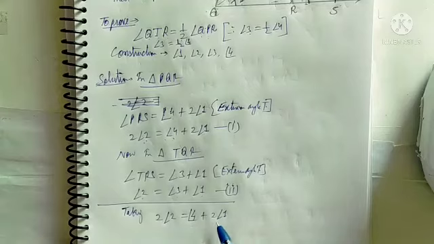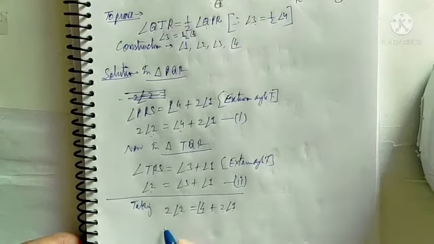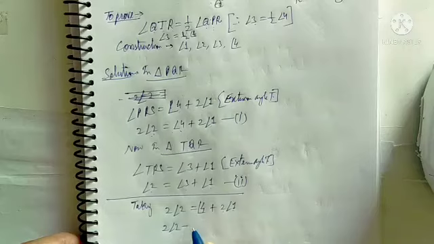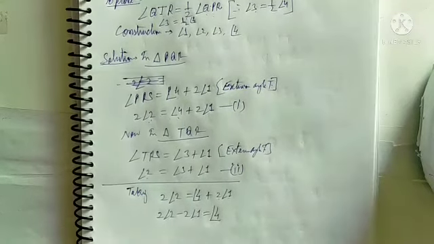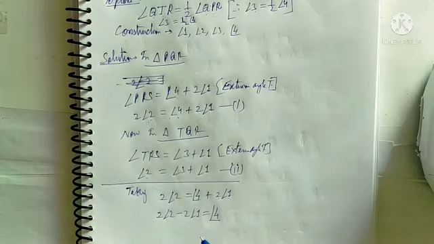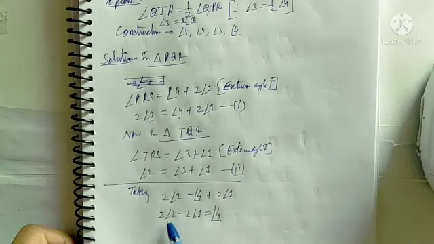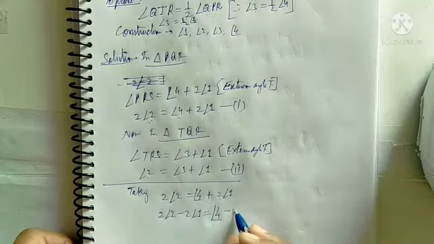Now here what we will do, take twice of angle 1 and transpose it to this side. Then twice of angle 2 minus twice of angle 1 is equal to angle 4. Hereafter you can take 2 common. This is equation 3, suppose.